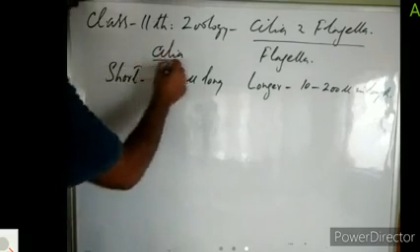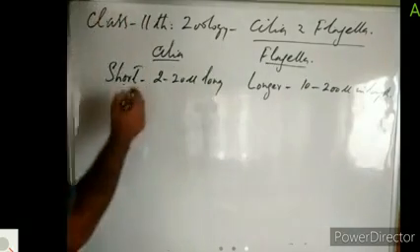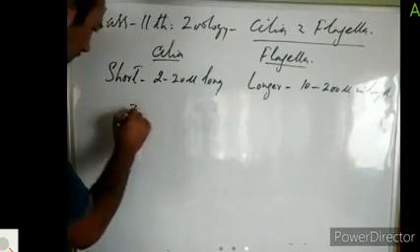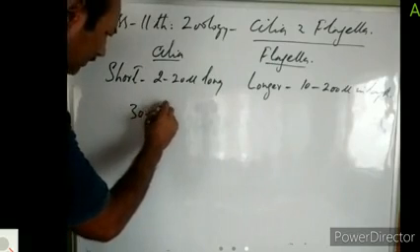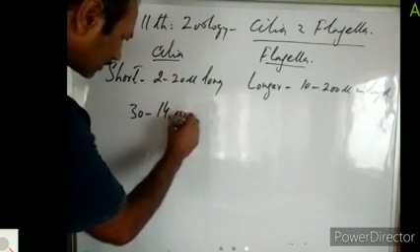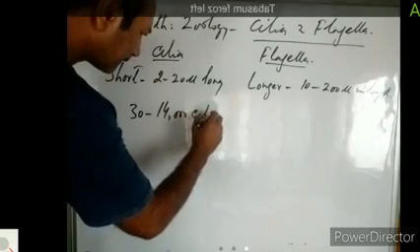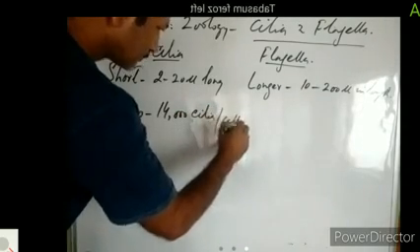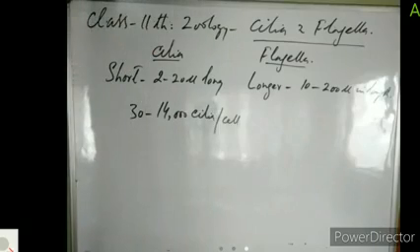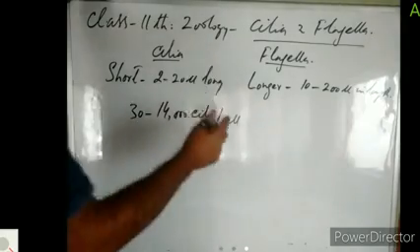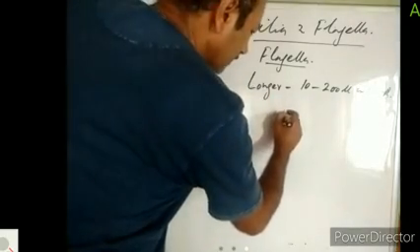The number of cilia per cell is enormous. There may be 30 to 14,000 cilia per cell. So cilia are present in large numbers on a cell, right? Flagella, their number is restricted in eukaryotic cells.